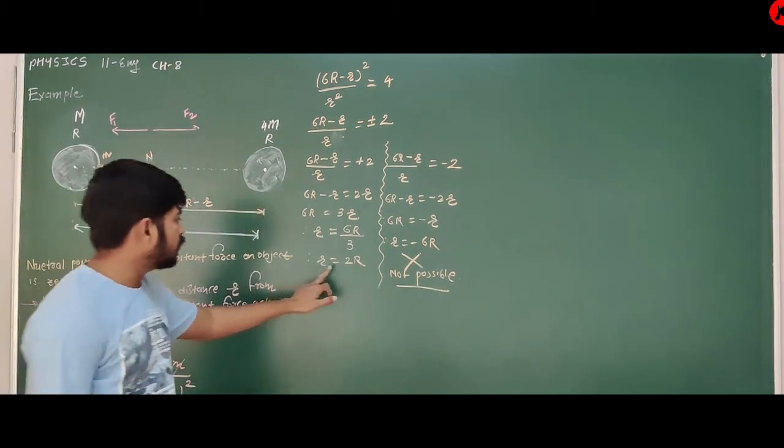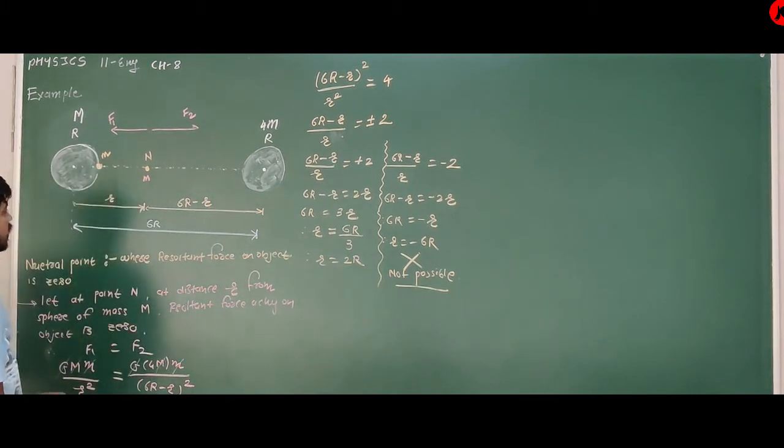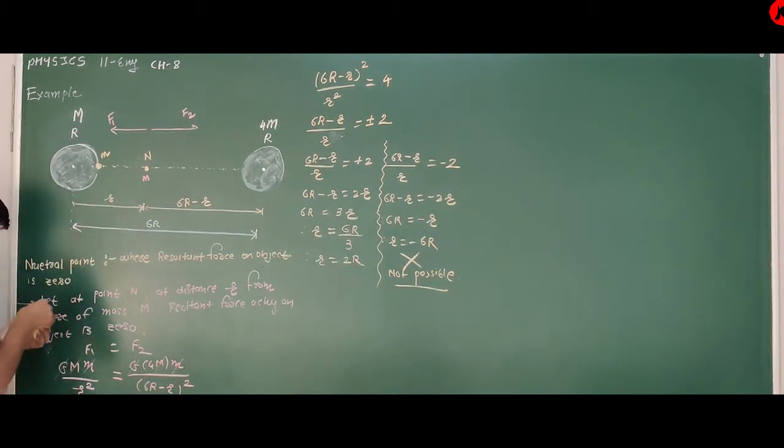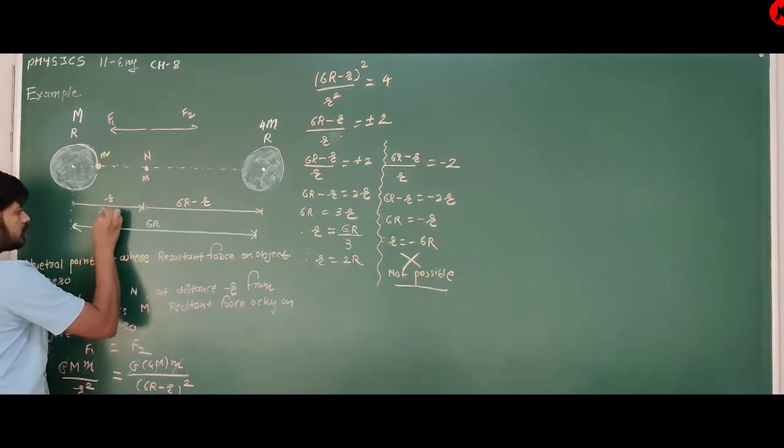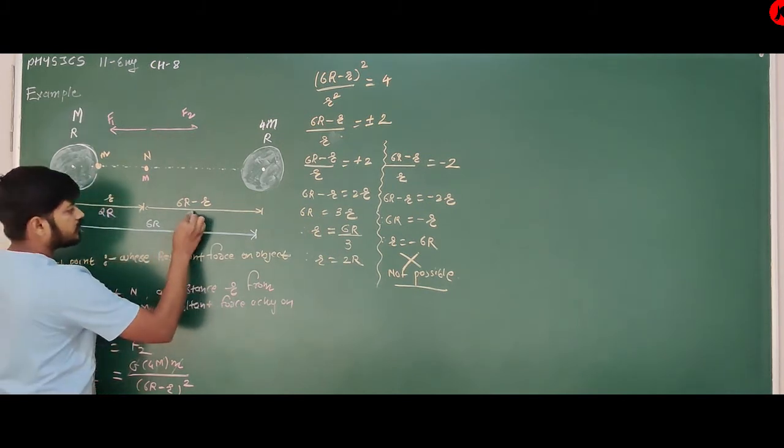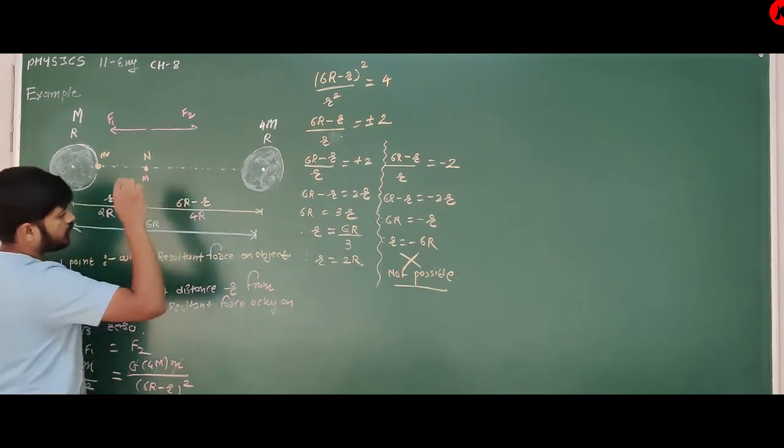So that's why we have to take this distance. Here distance r is equal to 2r, so this distance becomes 2r. Obviously this distance will become 4r.